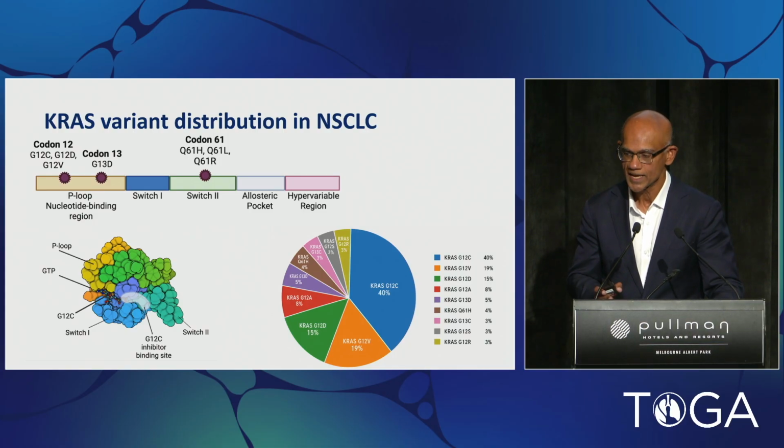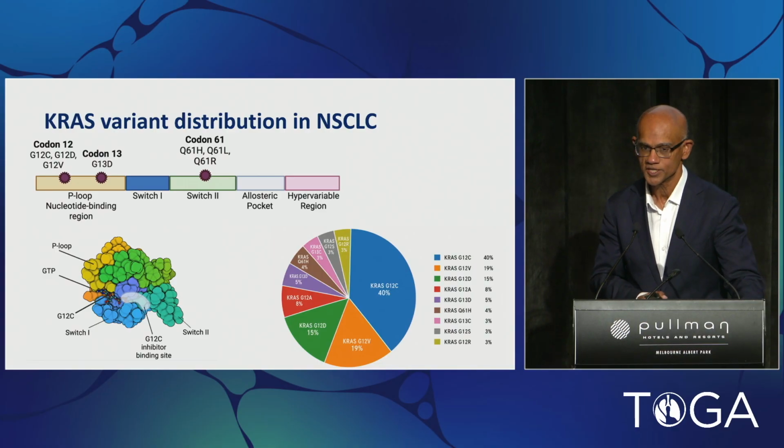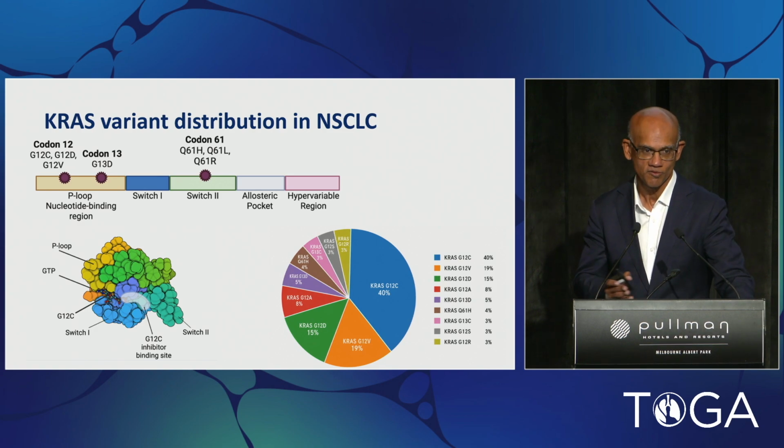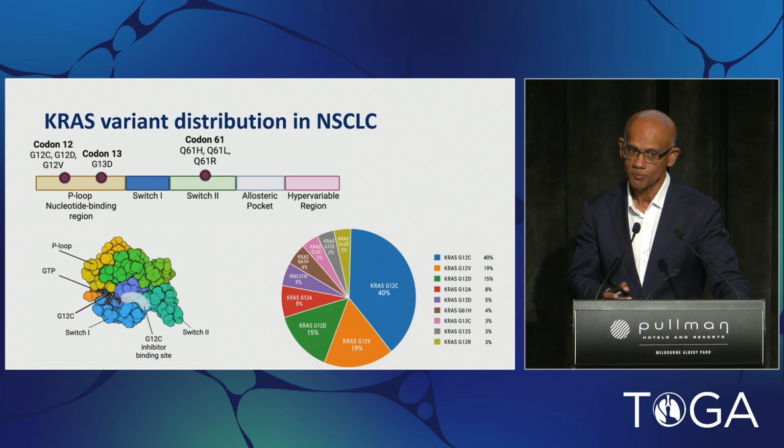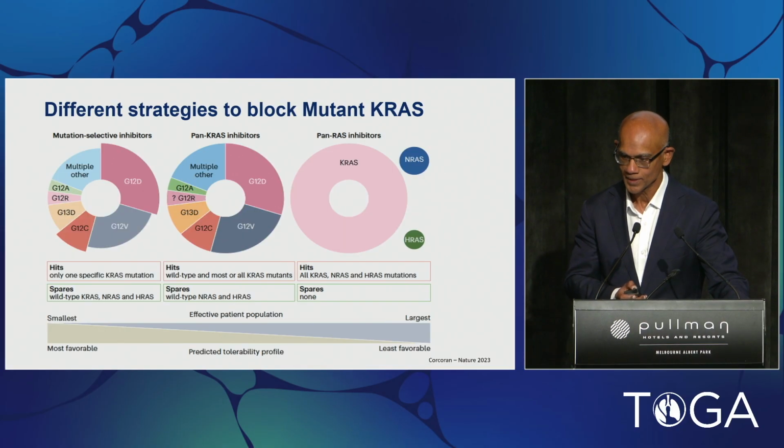In the context of lung cancer, and it is different in lung compared to colon or pancreas, the most common mutation tends to be KRAS G12C, but there are other non-G12C mutations like KRAS G12D and G12V, as well as a variety of other mutations. And again, it's important for us to look at the molecular pathology report beyond just the first four letters, KRAS, and look at what specific type of mutation.